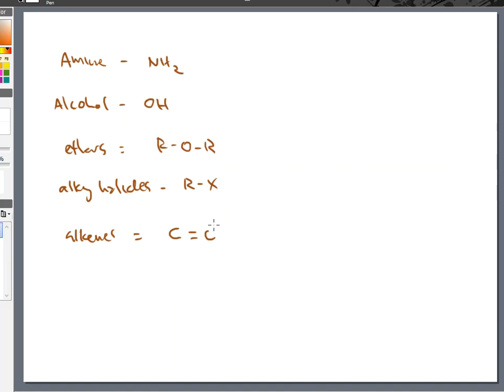And quite honestly, folks, it's not uncommon to have an alkene and an ether, or an alkene and an alcohol, or an alkene and an amine, or an alkene and an amine and an alcohol. You see where I'm going with this? So we're going to start off simple, just focusing mainly on double bonds first, and we're going to get used to naming those.